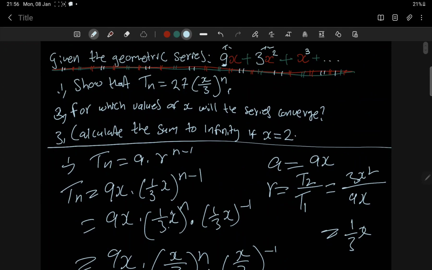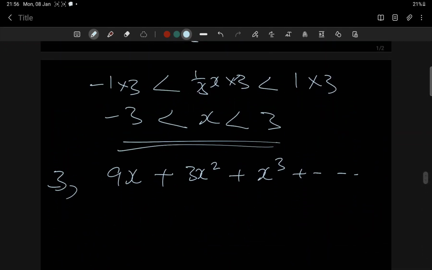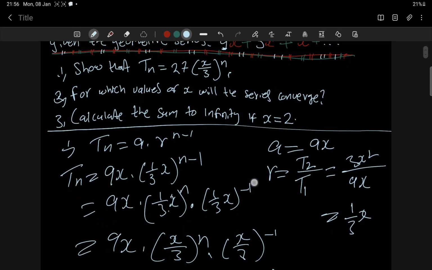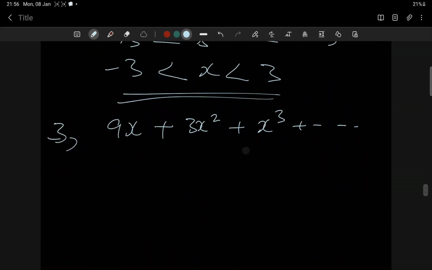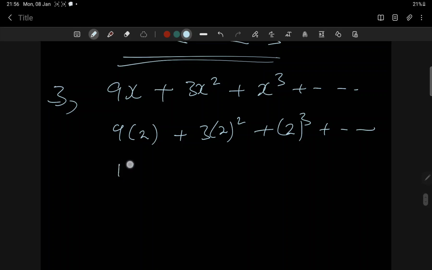So we rewrite this as 9 times 2 plus 3 times 2 squared, and so on. 9 times 2 is 18, plus this is 4, 4 times 3 is 12, and so on.